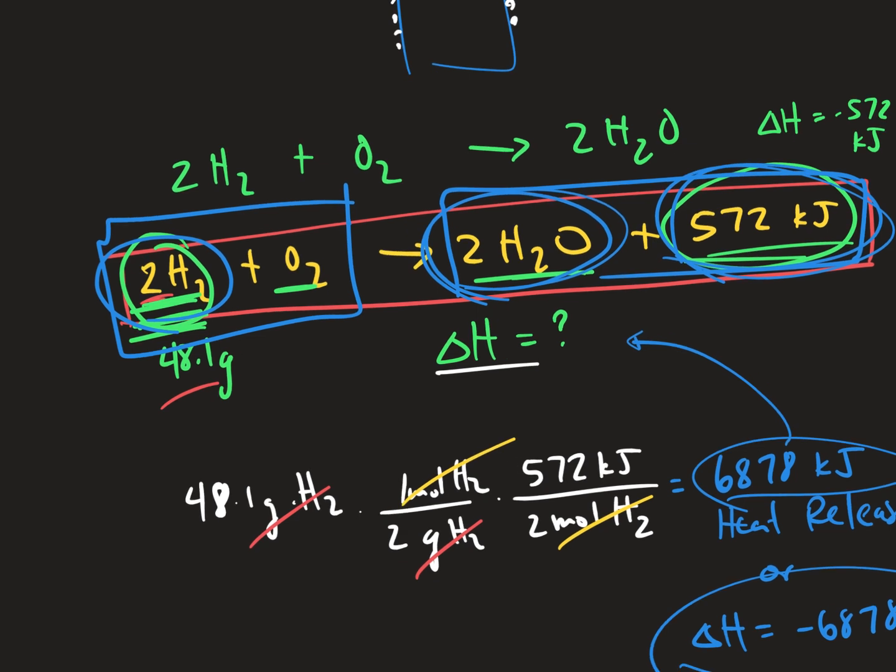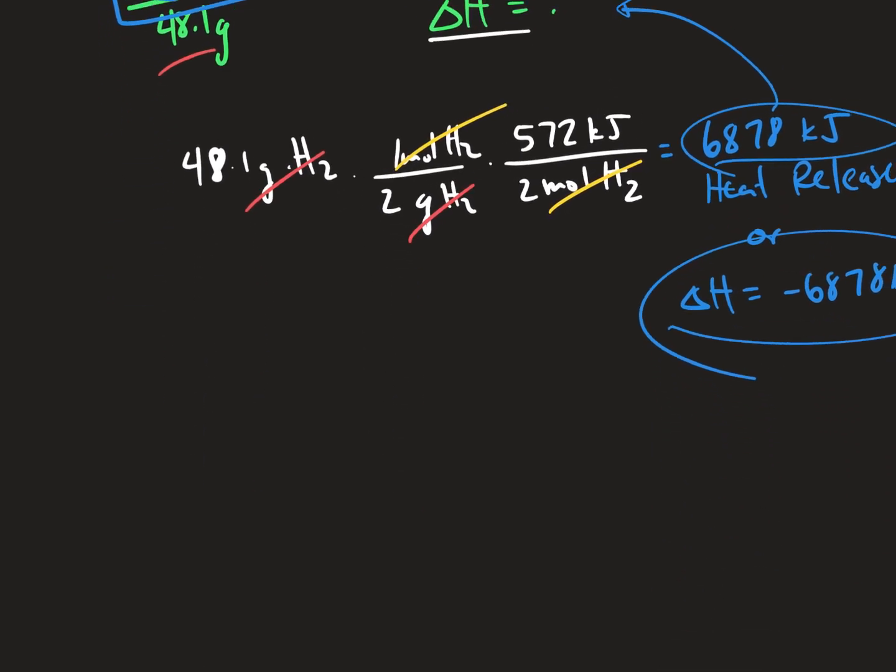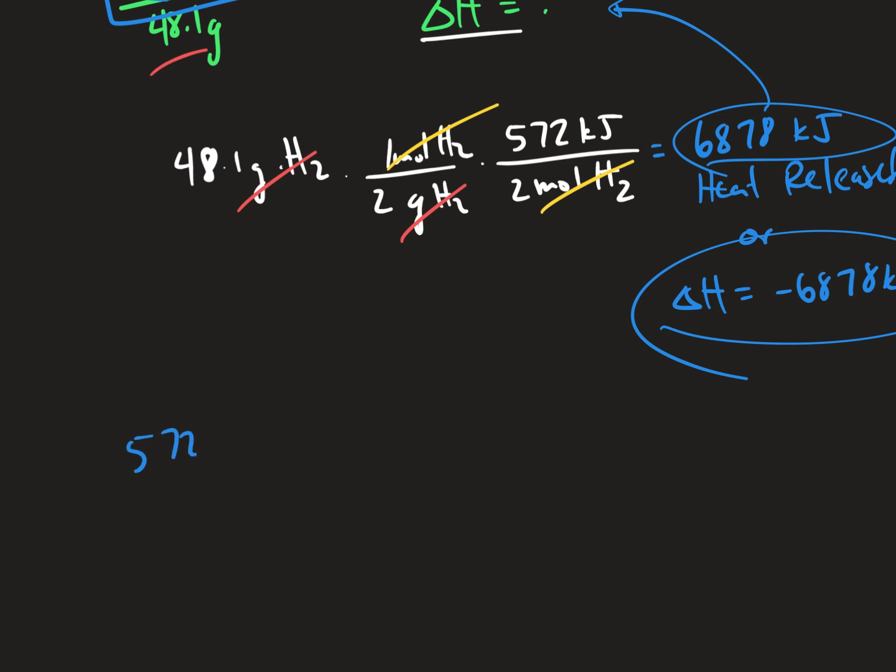Can I just flip this equation and leave everything the same way? So in other words, can I do this? 572 kilojoules of heat plus 2 H2O gives us 2 H2 and O2. Is this true?